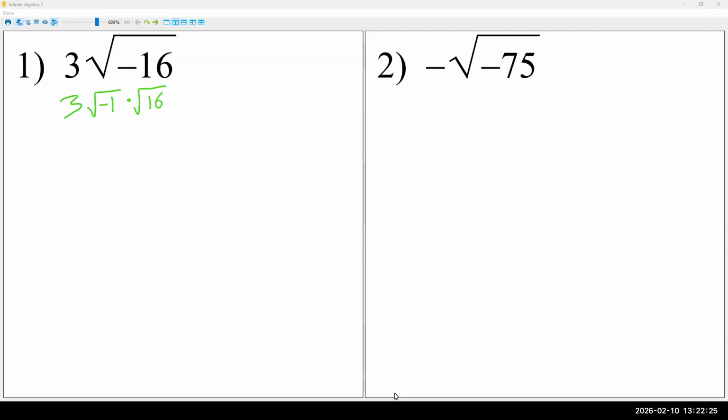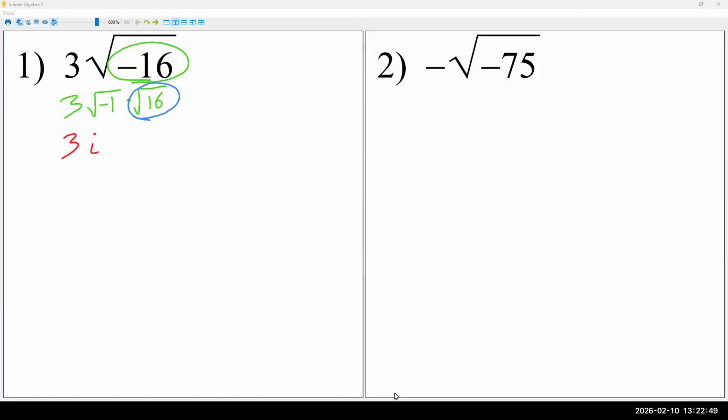Because I have a -16 there, -16 is -1 times 16, so it's kind of broken apart like that. Well, if I break it apart like that, I can say, oh, there's 3. A second ago, I just said that the square root of -1 is i, so I'm going to replace that square root of -1 with i, okay?